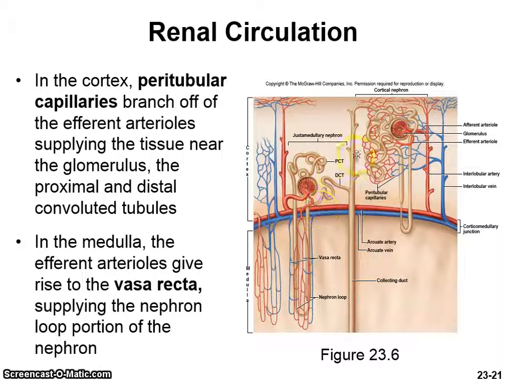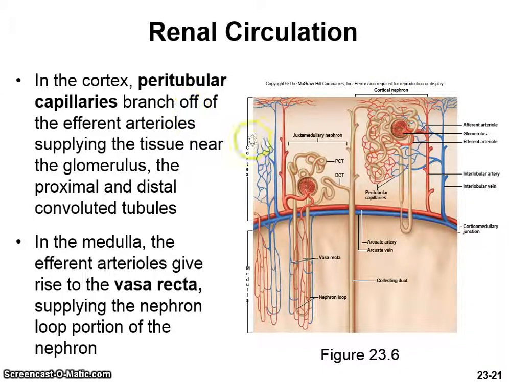One, where the loop of Henle and much of the structures go downwards, near the middle, by the arcs, and those are called the juxtamedullary nephrons. These are only about 15% of the nephrons, but about 85% of them make up this structure here, which is called a cortical nephron.